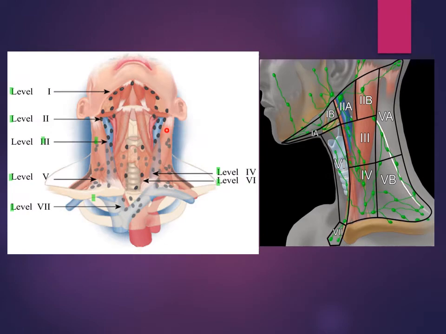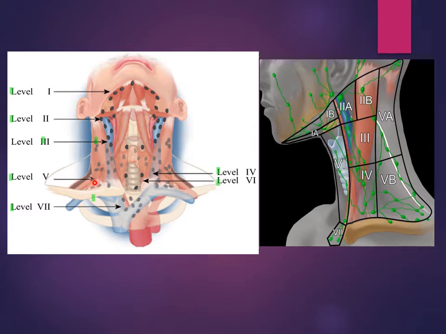This picture shows you the layout of the cervical lymph nodes. Level 1, submental and submandibular. Level 2, level 3, and level 4 are the deep cervical lymph nodes or the jugular lymph nodes, upper, middle, and lower.